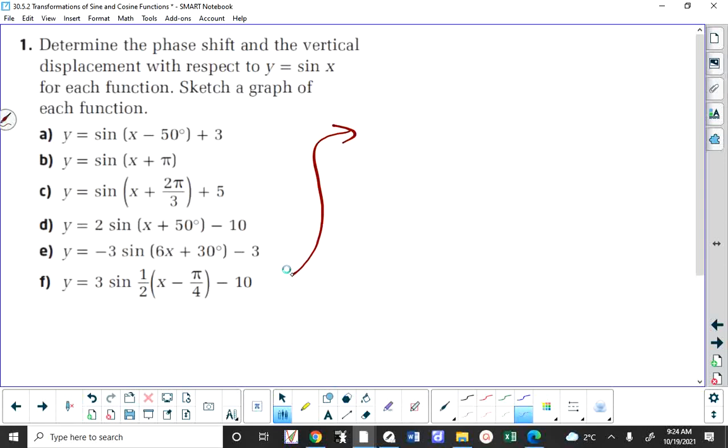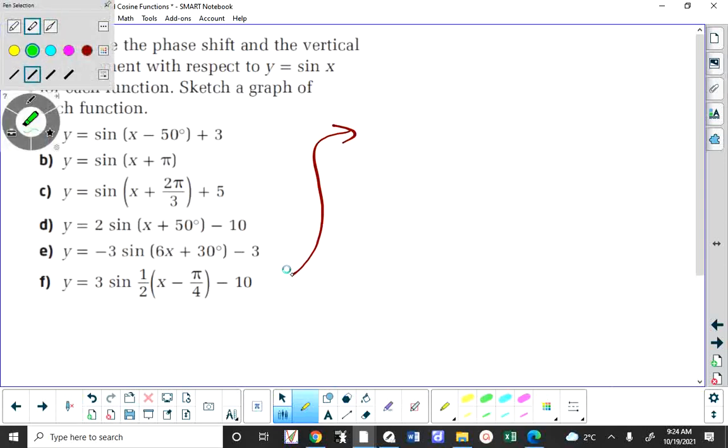There is a phase shift of pi over 4 units to the right. Forget about the fact that there's a b value of 1/2, which is going to change the period. I don't care about that right now. What I want everybody to focus on are the values of A and D, because I want to have a discussion about range and max and min.